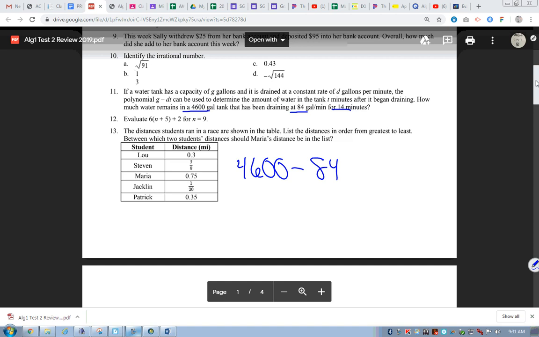All right. And how long has this been draining? 14. So I got 14 there. So I'm taking 84 times 14. 1,176. Okay, take 4,600 minus 1,176.